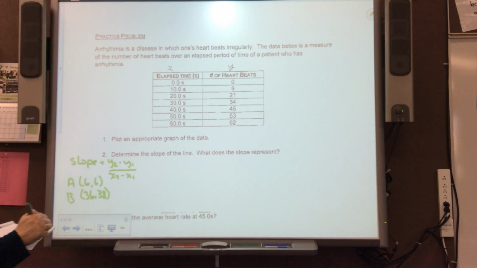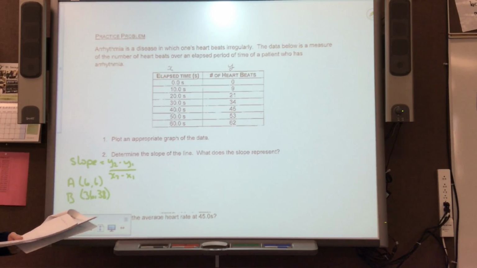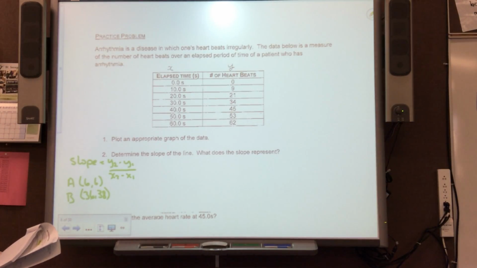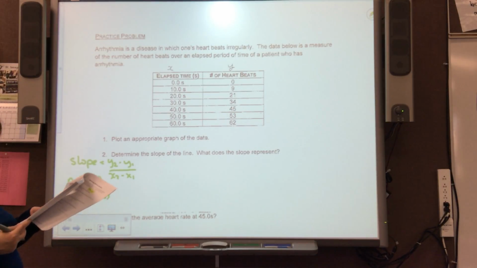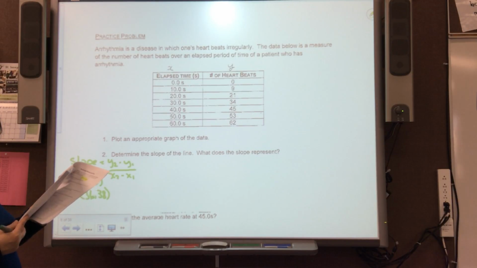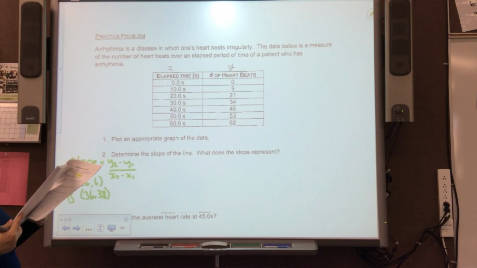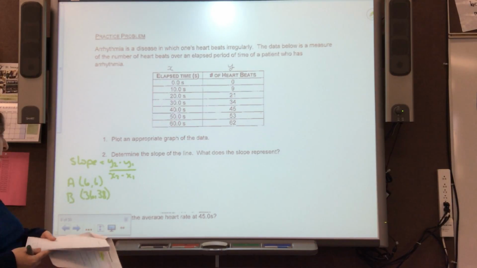And typically, you want to choose points that are on an actual intersection on your graph, not one where you have to extrapolate data, which could be why they picked that 6 and 6. But that's extrapolated. That's not interpolated.